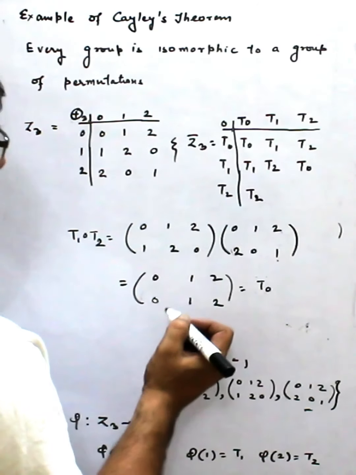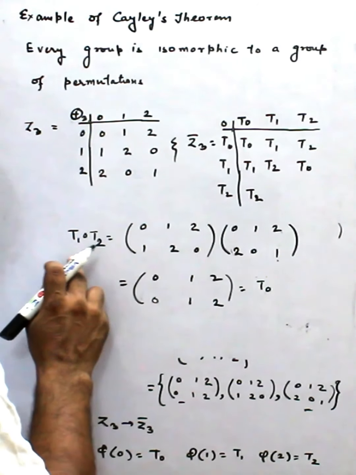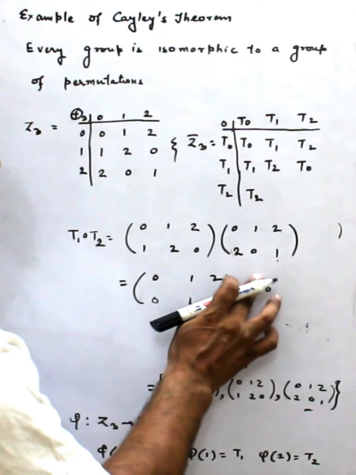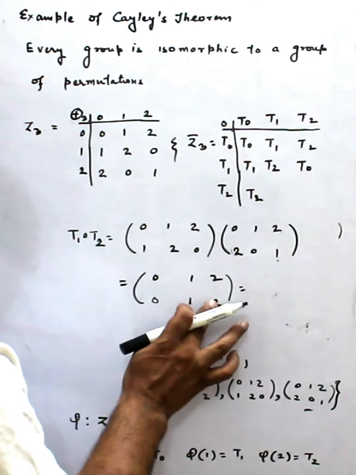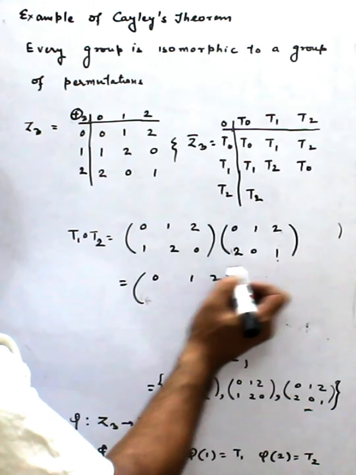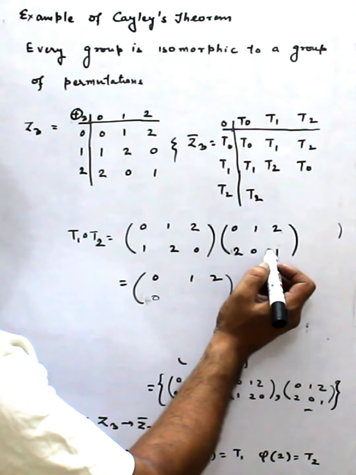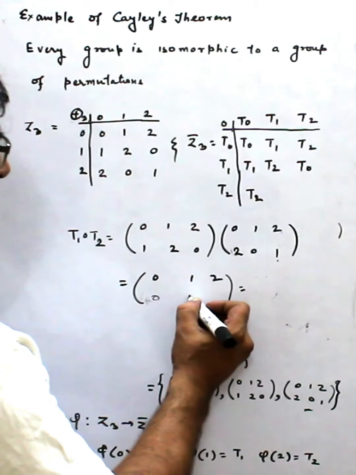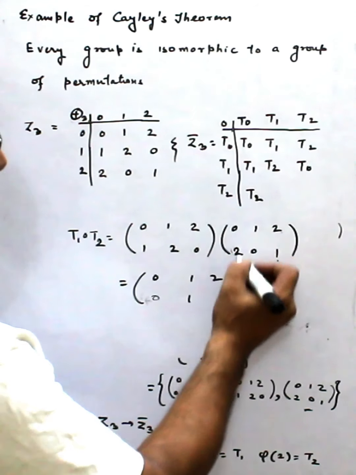Now T2 with T1, that means we change the order of the operation. I take this first. So here we can say 0 goes to 1, 1 goes to 0. 1 goes to 2, 2 goes to 1, 2 goes to 0, 0 goes to 2.